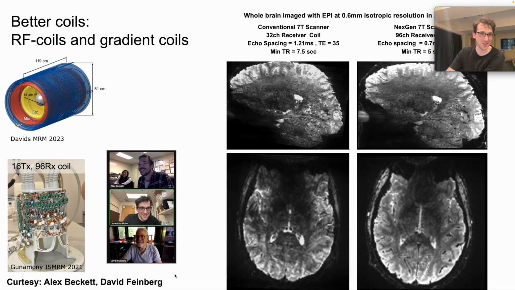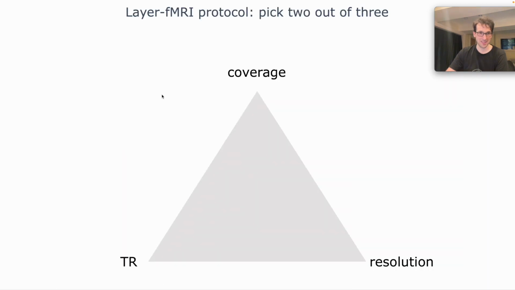So again, here showing from David Feinberg's scanner that you can do a whole brain 0.8 millimeter resolution protocol with advanced head gradients and advanced RF coils that has pretty decent quality and is actually faster than if you would do the same thing on a conventional 7 Tesla Terra or 70 plus in this case. So you can push more parameters than one at the same time.